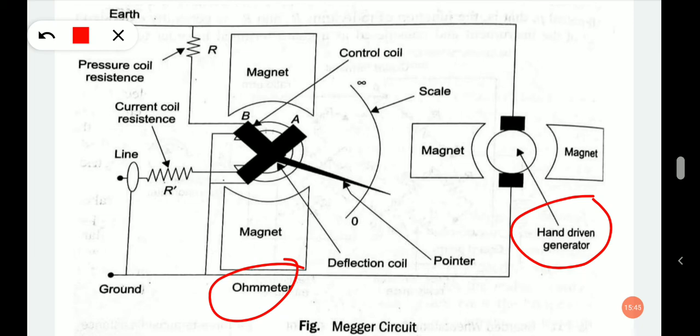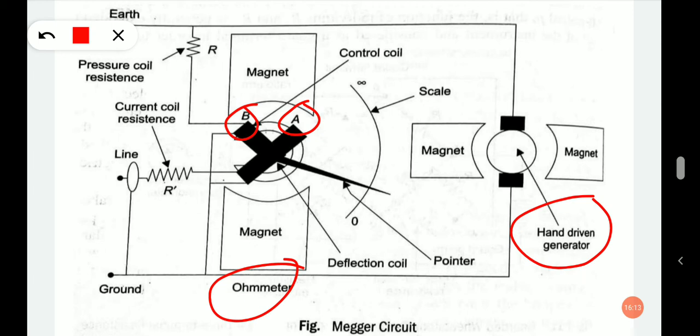The generator is meant to supply the current necessary for the measurements, while the ohm meter reads the value of resistance under measurement. The moving part of the instrument consists of two coils marked as A and B. So these are the two coils A and B, which are mounted on the same spindle such that they are perpendicular to each other.